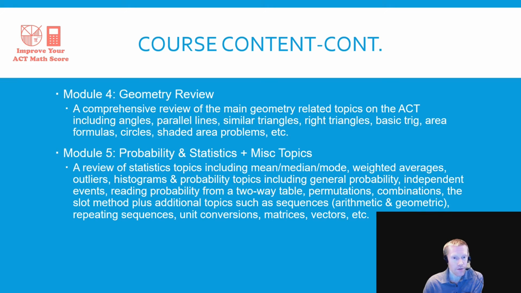And then the fifth and last module covers topics related to probability and statistics, in addition to some other miscellaneous topics that appear frequently on the ACT math section. In terms of the statistics topics, some of the ones that are covered include mean, median, and mode of a data set, weighted averages, outliers, and histograms and frequency tables.